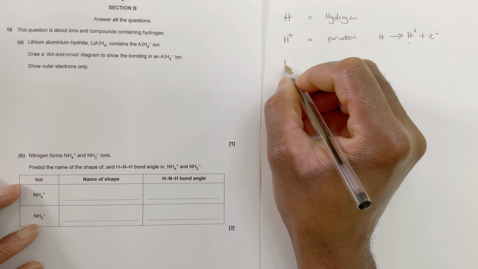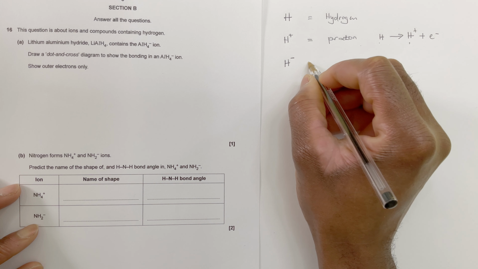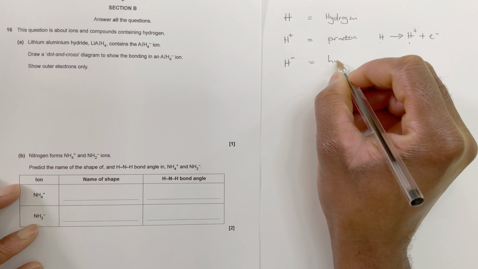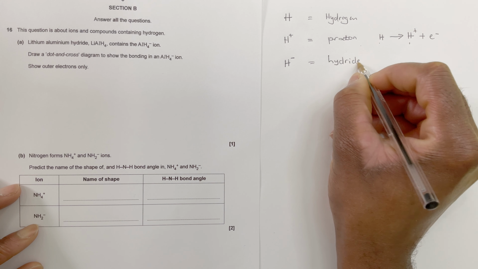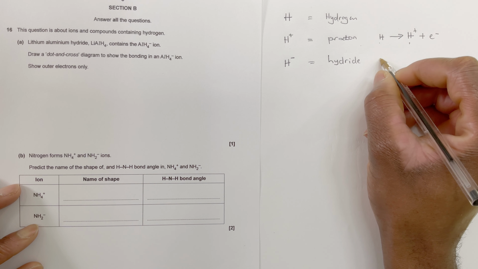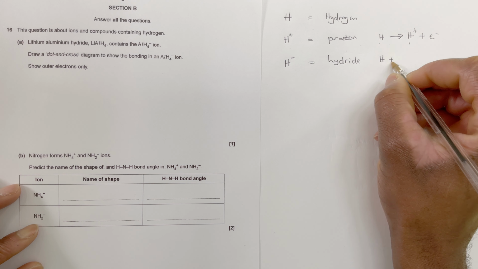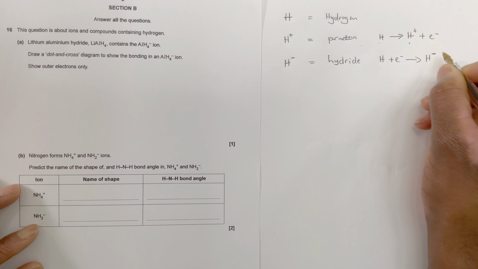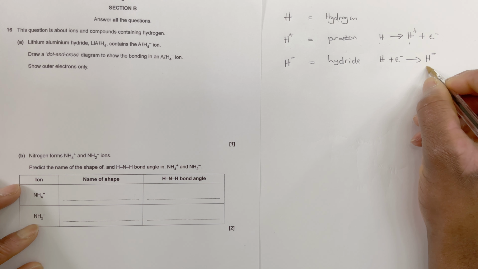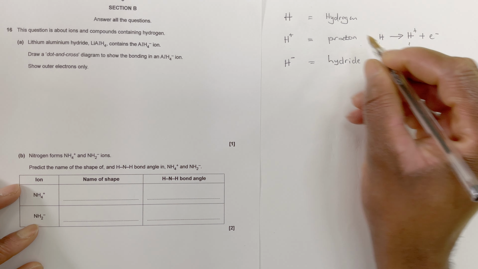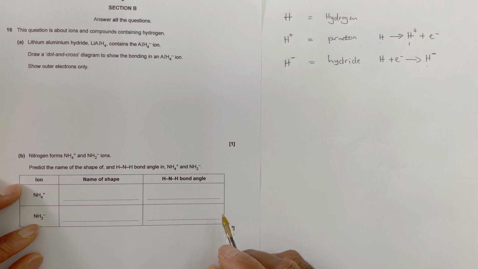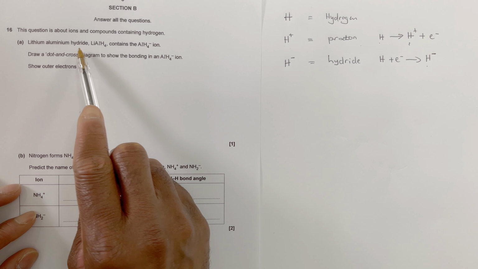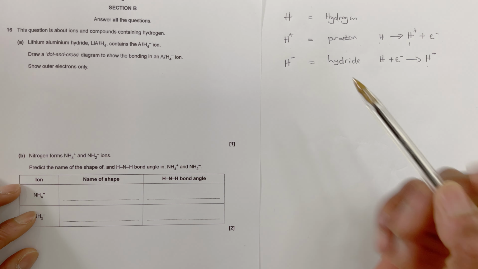There's another one, hydride. Hydride is when you gain an electron, so H plus e- gives you H-. So that's hydride, proton, and hydrogen. The clue is given to you here.